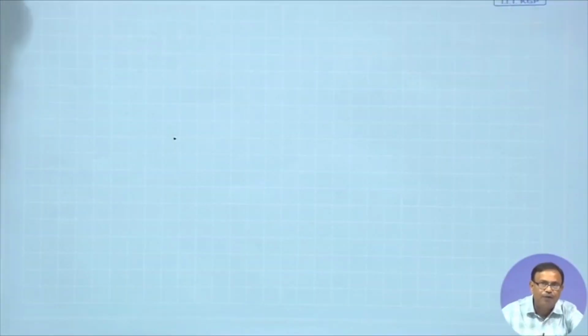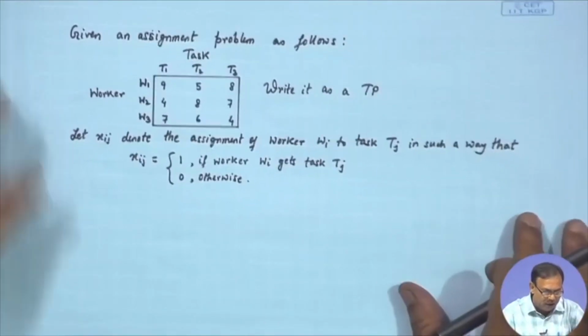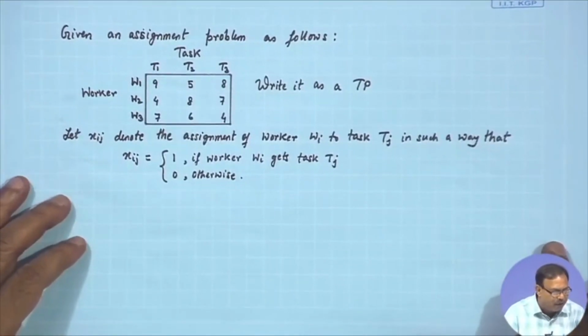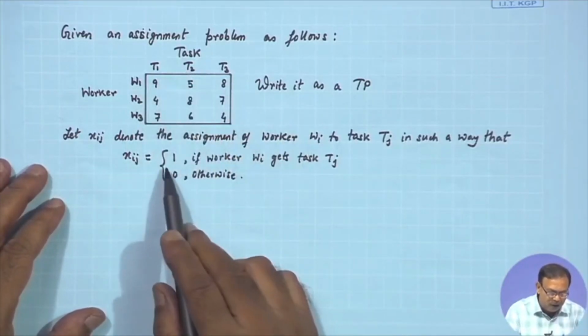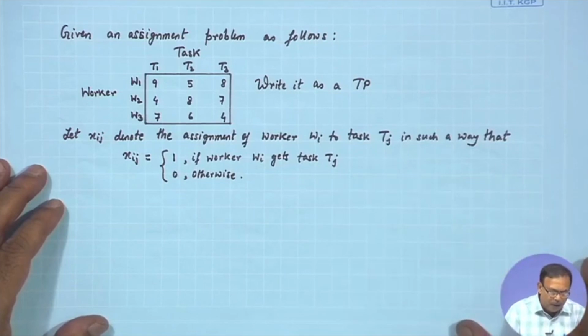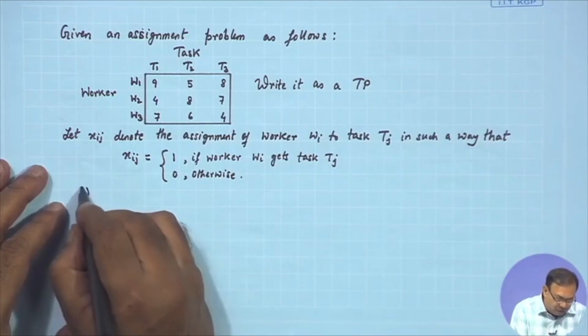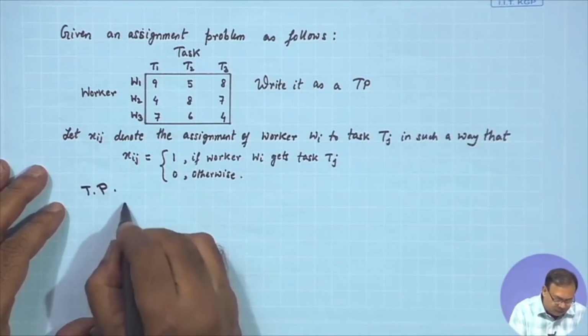Therefore, suppose I have given an assignment problem like this, workers corresponding to tasks, and I am denoting it by xij. I can write it down as a transportation problem also.